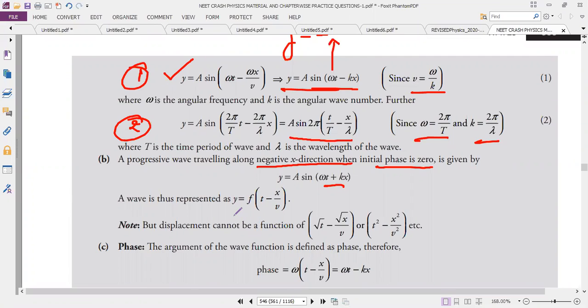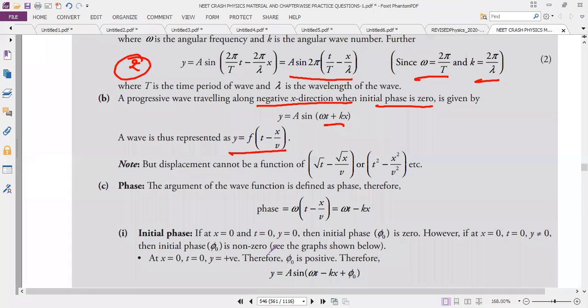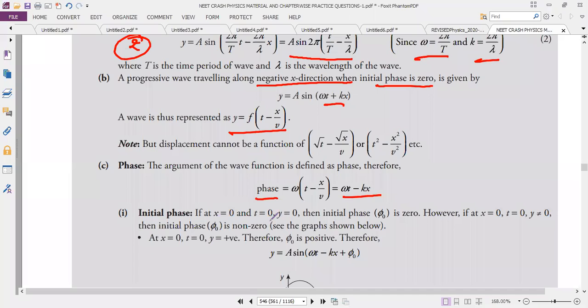And one more formula, y is equal to a sin 2π f (t minus x by v), for the base equation omega t minus kx. For the initial base, the value of x equal to 0, t equal to 0, and y also 0.